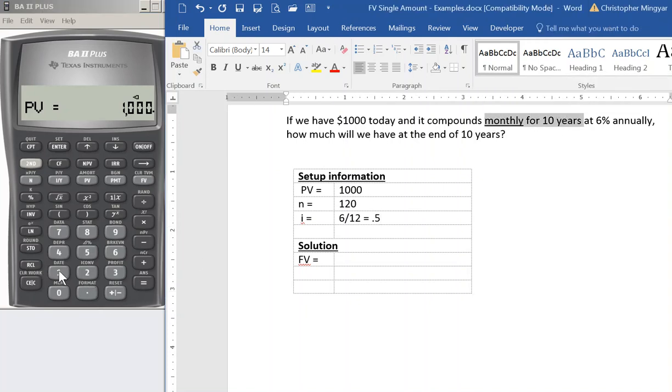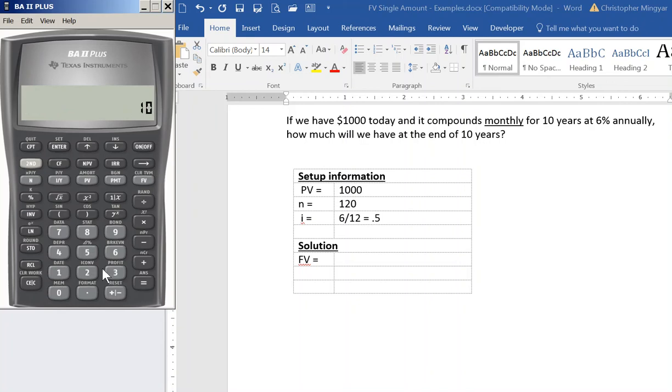So 10 times 12 months per year is 120, and that will go under N. I is the annual rate of 6 divided into 12 pieces, or 0.5 per period.